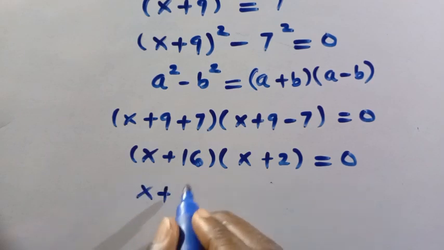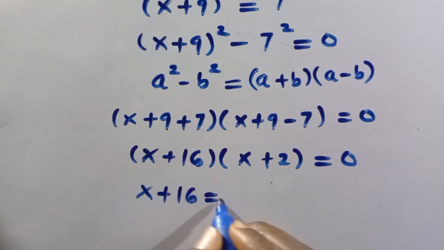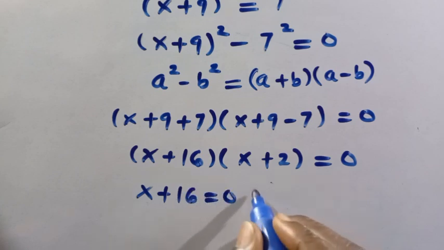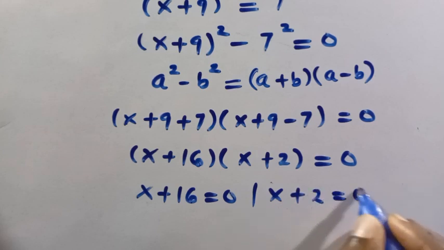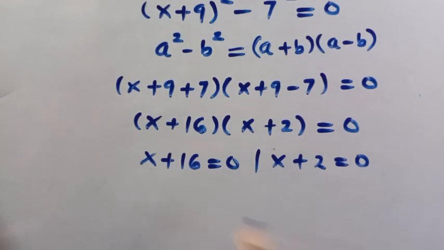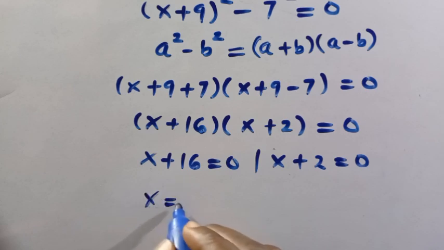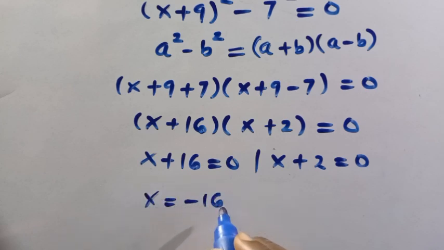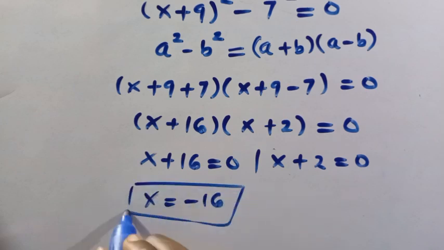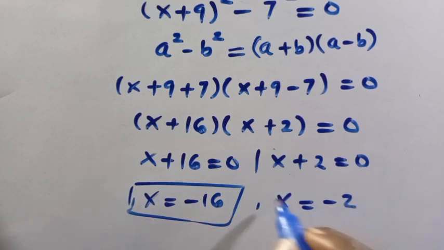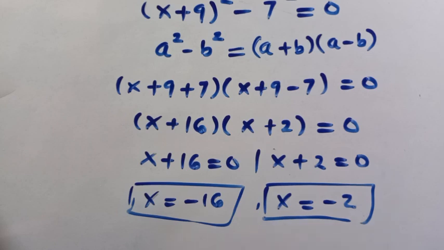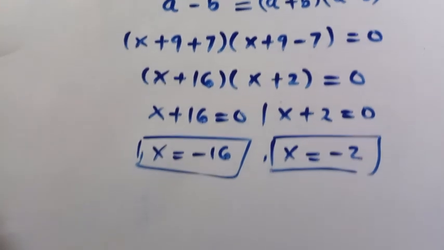So we agree that x equals -16, and also x equals -2. So these are the two values of x for the first method.